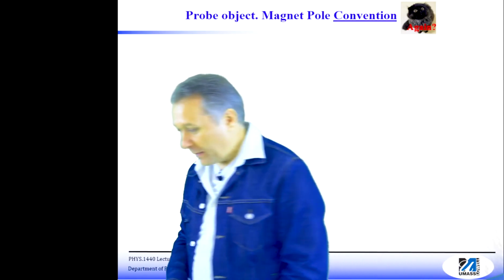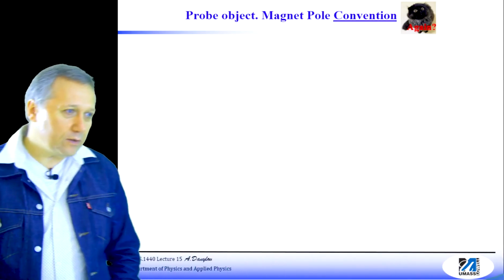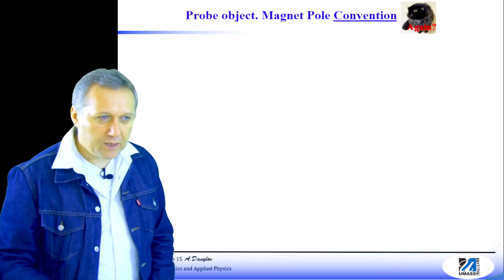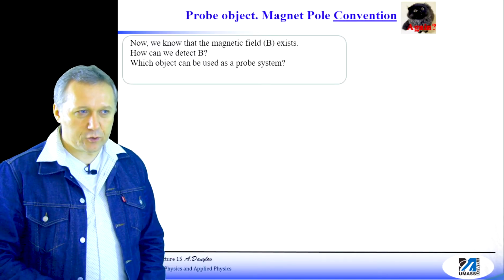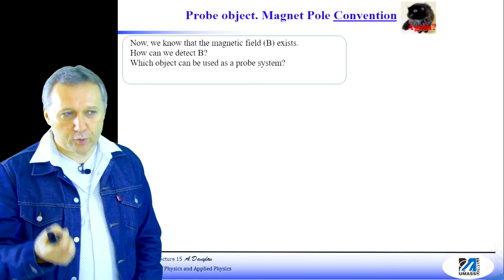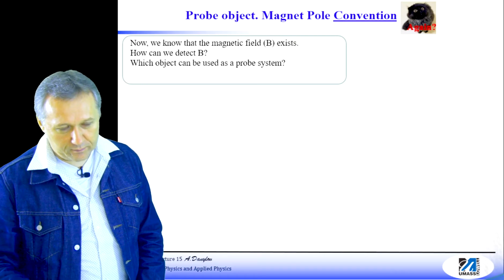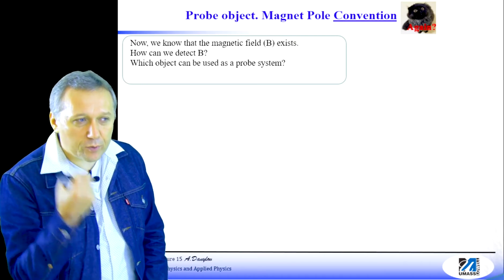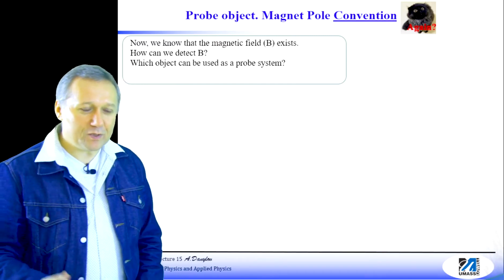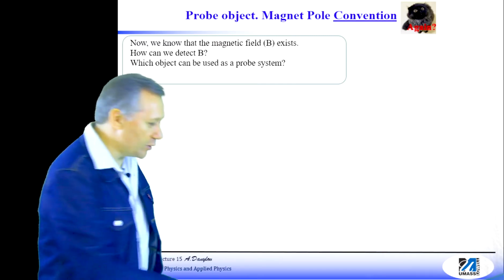And of course, the next thing: how can we detect, measure, probe this magnetic field? Basically, the question is, which object can be used to probe or measure the magnetic field? So again, the question is about a probe system. You remember we were facing this problem in the world of electricity, and we decided to use what?